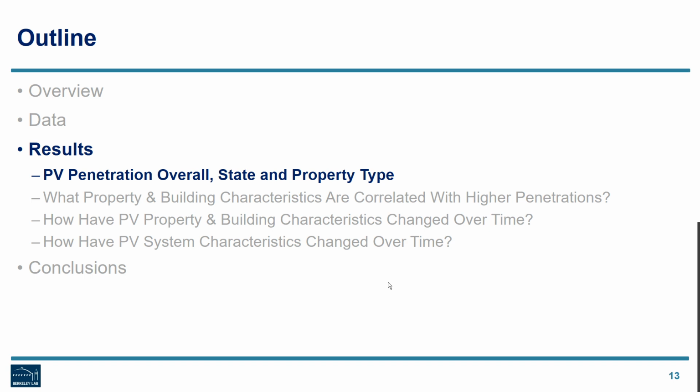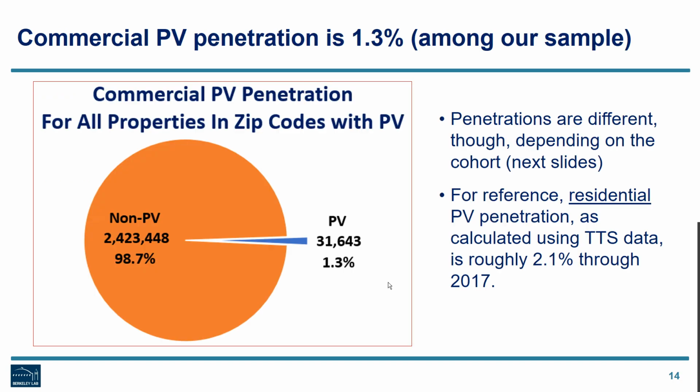First we'll talk about overall PV penetration and then look at state and property type penetrations. The overall PV penetration in our sample is 1.3%. So those 31,000 PV addresses represent 1.3% of all of the addresses that are commercial properties with buildings in the zip codes where those installations occurred.